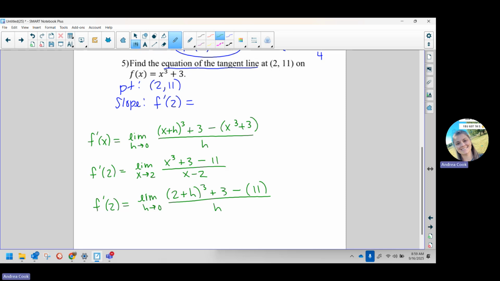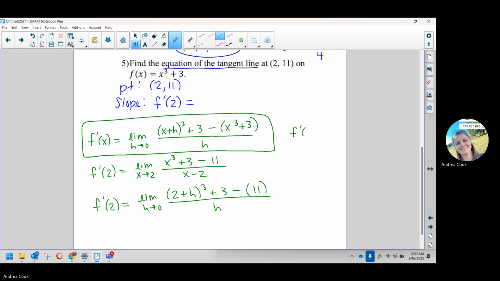So what I wrote up here are the three definitions of derivative, the three ways you could have found the derivative at two. The first way is finding the derivative, and then you would plug in two. The second way is the one I've been doing.